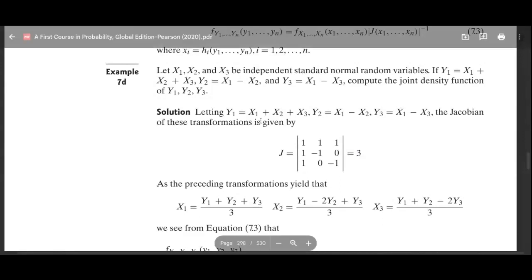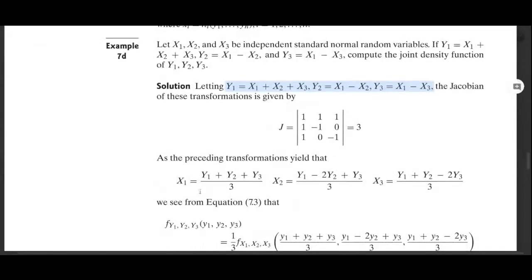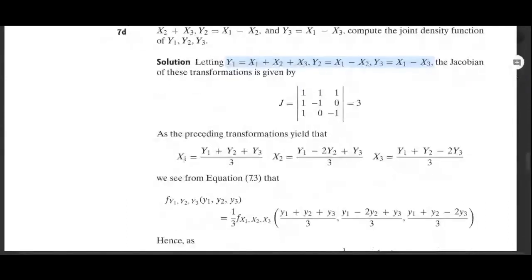And then we need to represent it. We have 3 equations, right? And we can represent each of x1, x2, x3 in terms of y1, y2, y3. So we did that. x1 equals 1/3 of the sum of these 3, x2 equals this, x3 equals this.